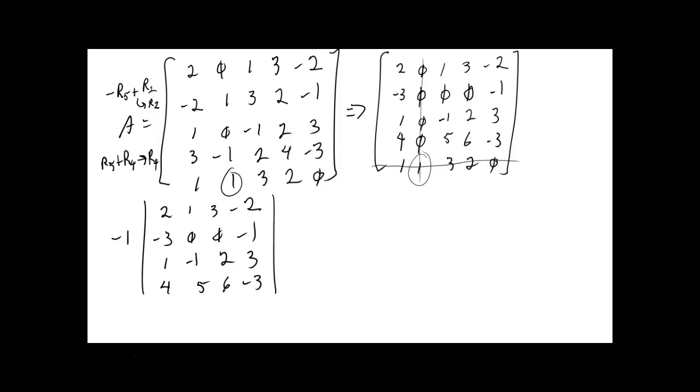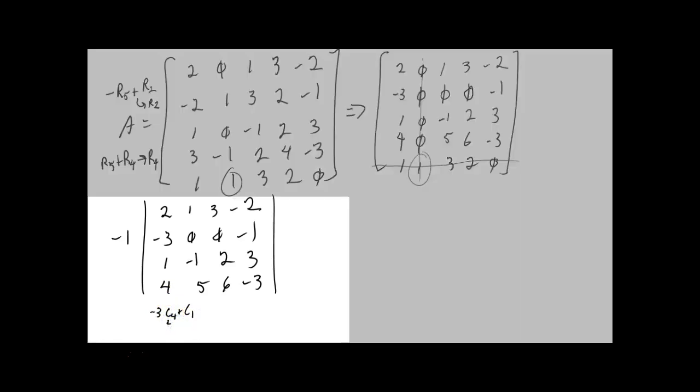What would be, now this is a column operation. Okay? What would be your rule here? Okay, negative 3 times column 4. Add it to column 1. That's going to be the new column.